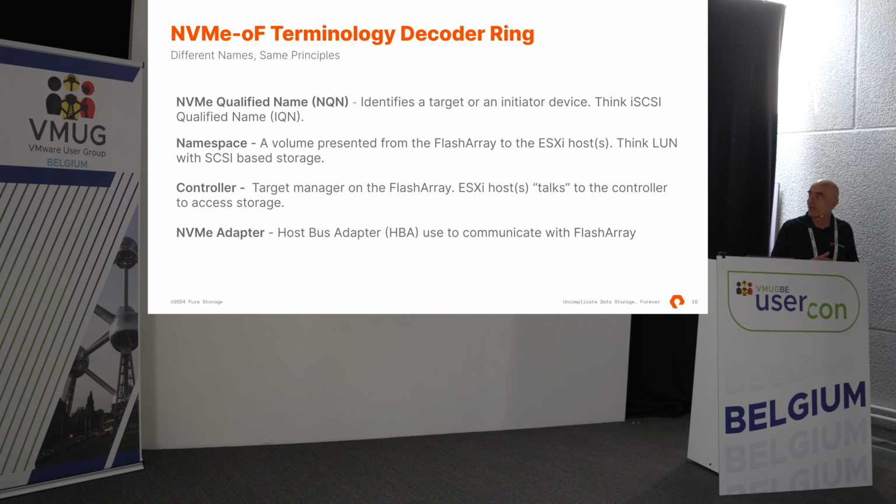And then there is the NVMe adapter, which is the host bus adapter that you find in your vSphere environment. It is the actual endpoint or initiator, physical or virtual, that you have in ESXi for communicating with the target controller host.